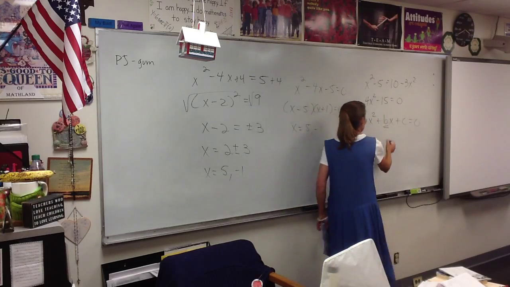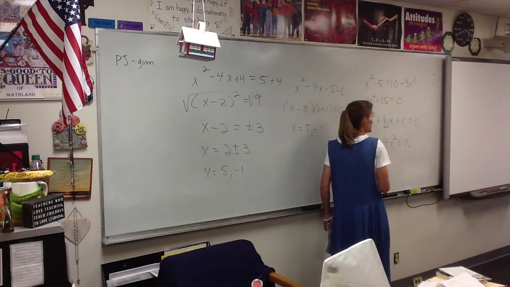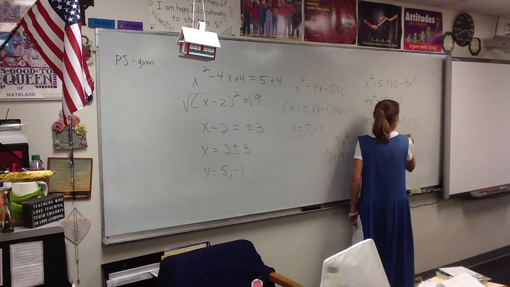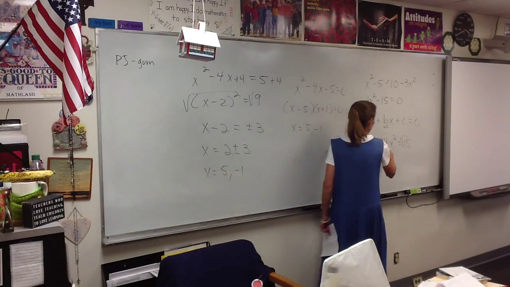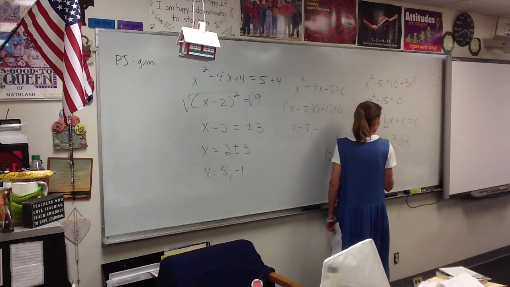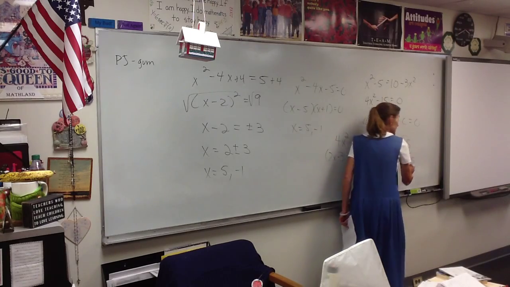What I might do, we did some of these. I might move that 15 over and take the square root of both sides. What's the square root of 4x squared? 2x equals plus or minus root 15.